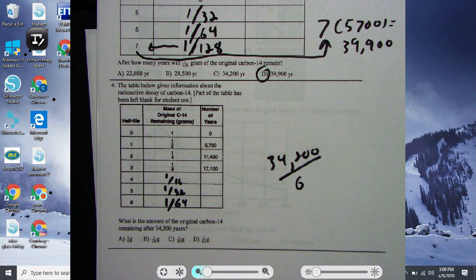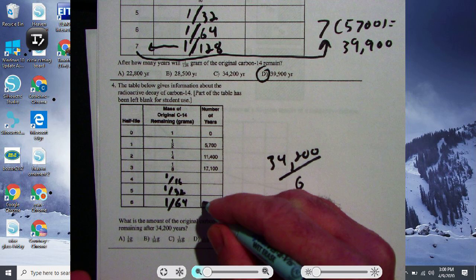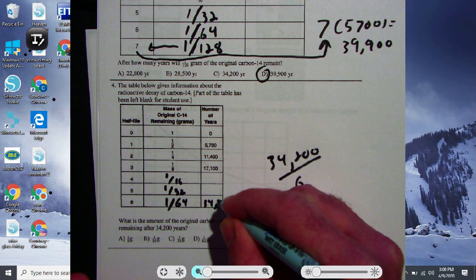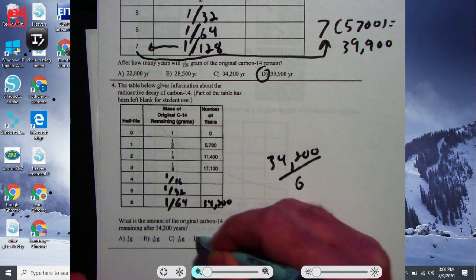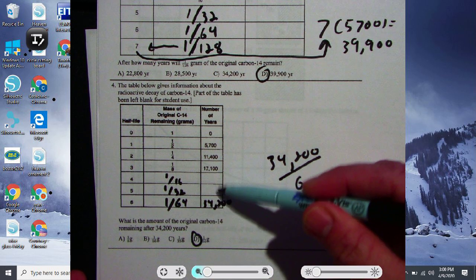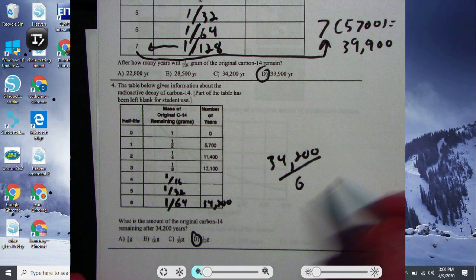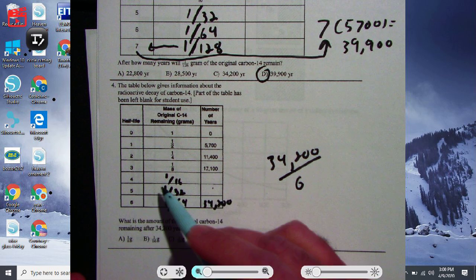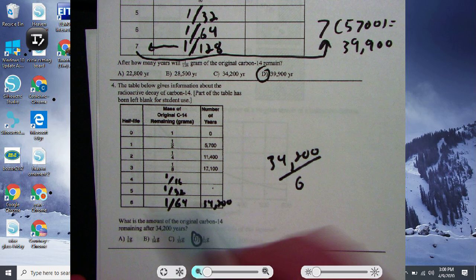There are my dogs again, going crazy. 34,200 divided by 6 gives us 5,700. So this is our 34,200, and that gives us 1/64th. Again, you could add 5,700 and fill in this chart this way. I just think it's easier to go with the multiplication of this times the half-life. All right?